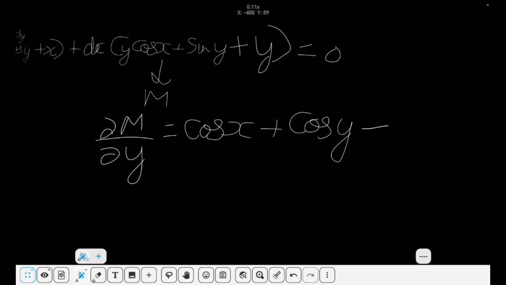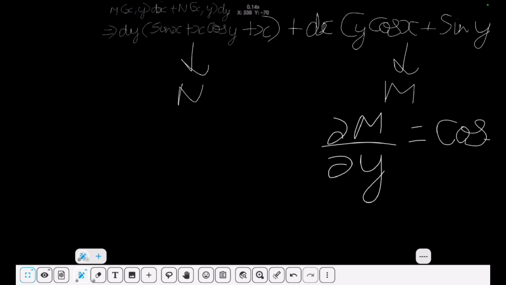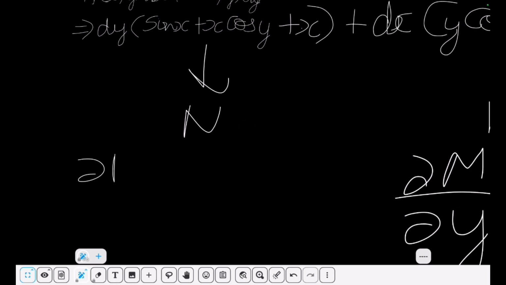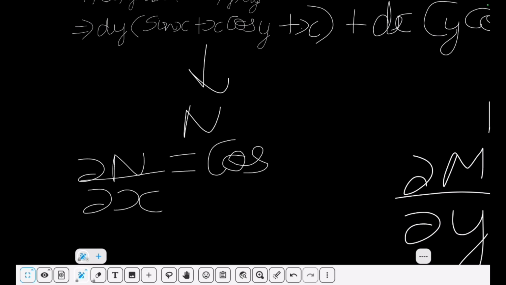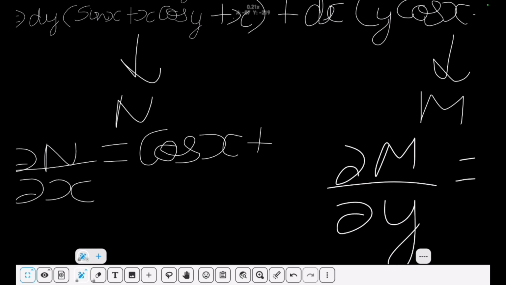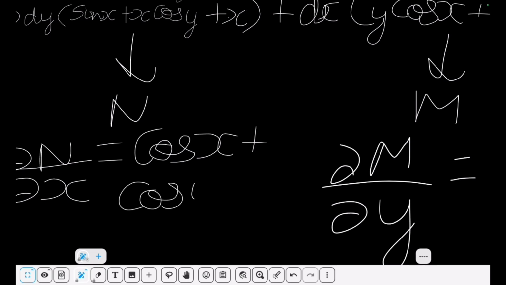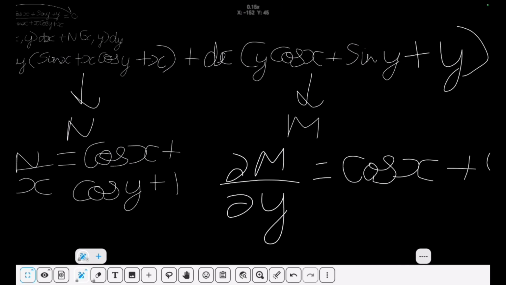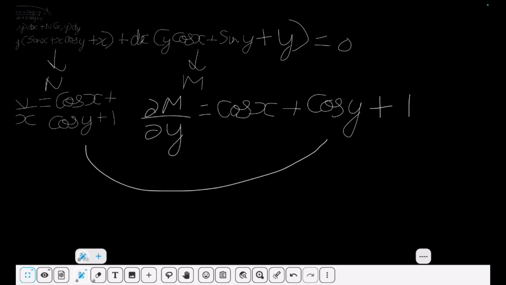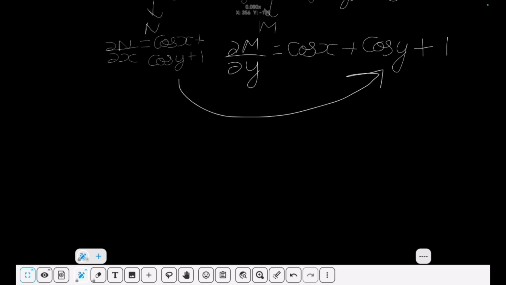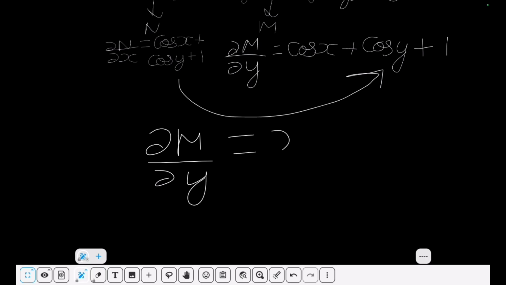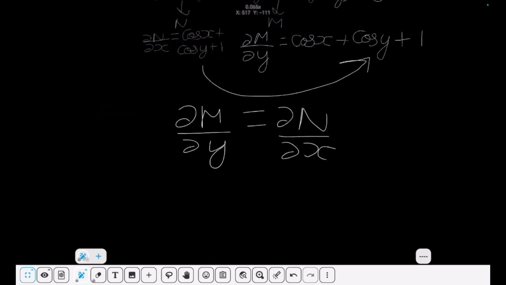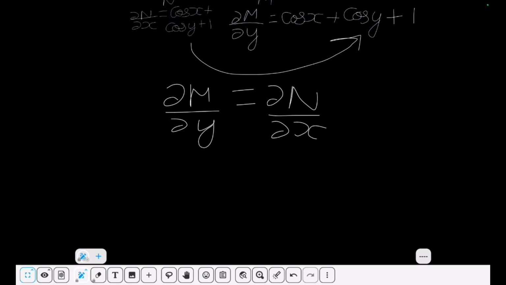Plus y will be 1, and this one ∂N/∂x will be cos x plus x is constant, that is cos y plus 1. So here both the expressions are the same, so we can say that ∂M/∂y is exactly equal to ∂N/∂x. So the equation is exact.